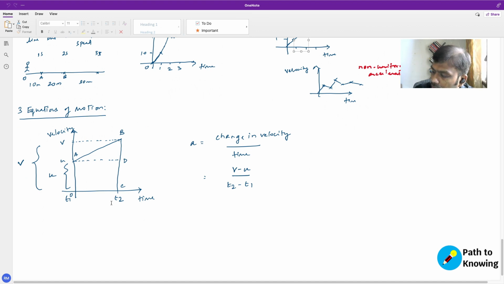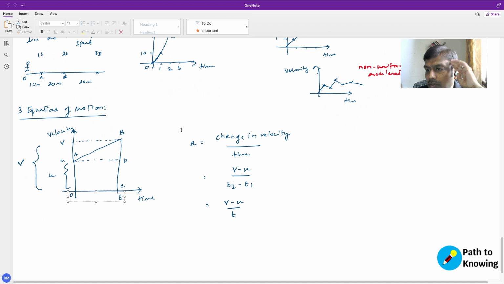So instead of this, we can rewrite it as v minus u by t, if we call the origin 0 and this one time t. I'm just considering the difference T2 minus T1 as T. That's it. So that's how the graph is being plotted here.